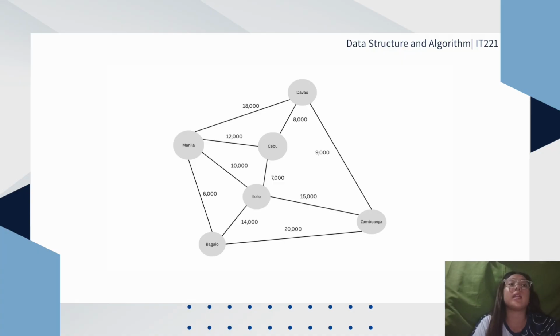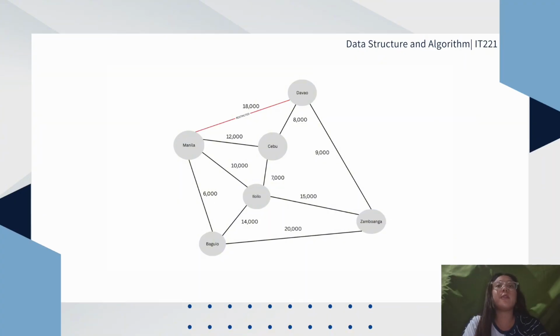But if no, we're going to add the route and connect them. And we're going to repeat until all cities are connected. Here we have colored the line for the restricted route from Manila to Davao red, since it's in our constraints and restrictions.